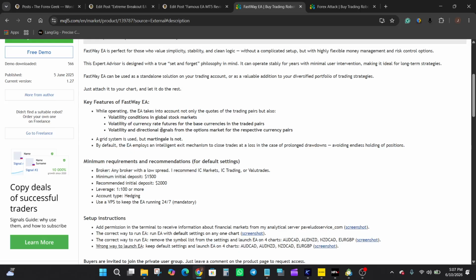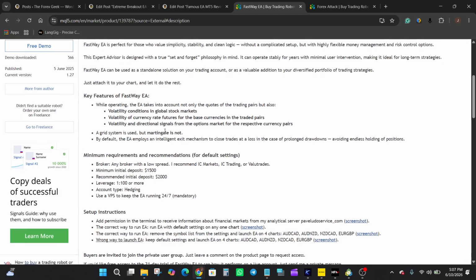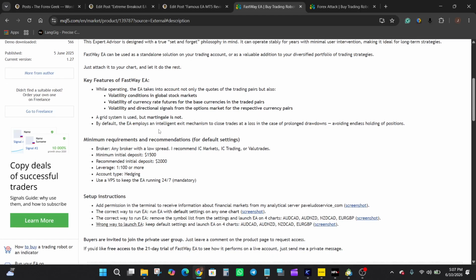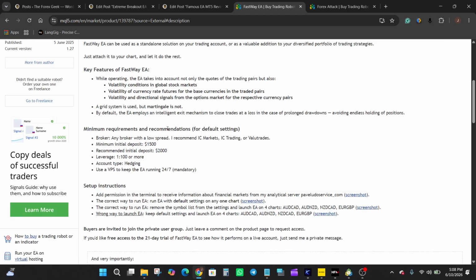Now, before jumping into testing, I also want to quickly highlight the setup requirements. They recommend a minimum deposit of around $1,500 with $2,000 suggested for better stability. Leverage of 1:100 or higher is recommended, along with a hedging account type and a low spread broker.